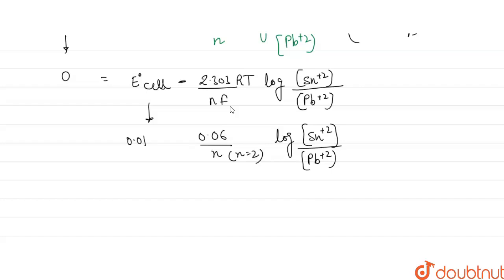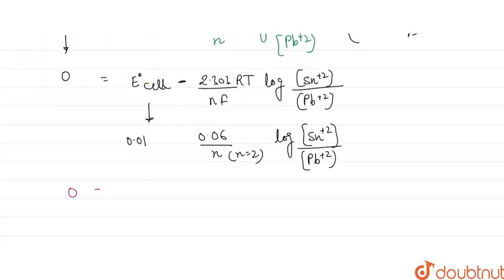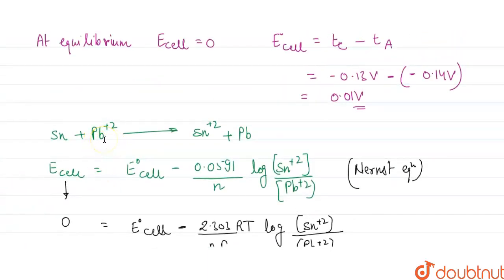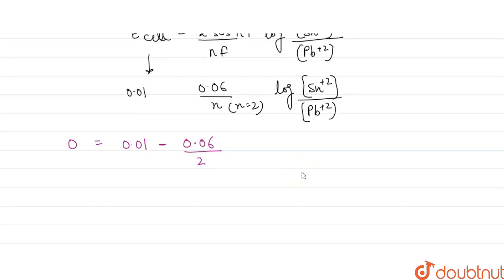So here we place all the values. The E cell will be 0 and E naught cell will be 0.01, and here the minus sign. 2.303 RT upon F, the value is given, we have to take 0.06 upon the value of n, and the value of n is 2. Because here we can see clearly the number of electrons is 2, and log Sn2+ upon Pb2+.